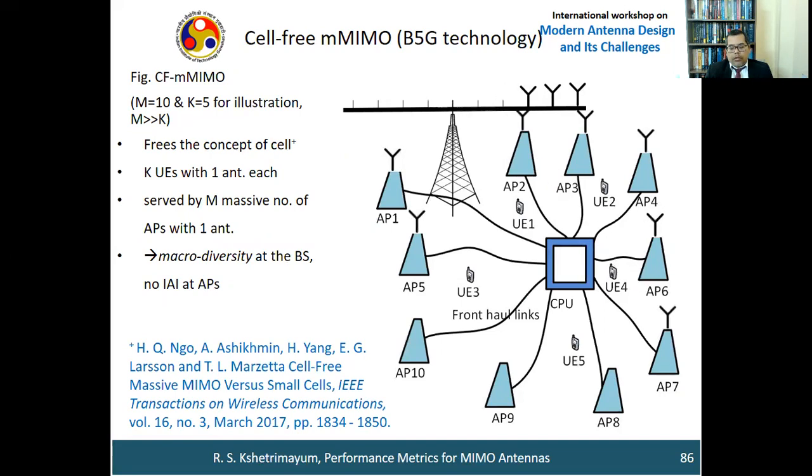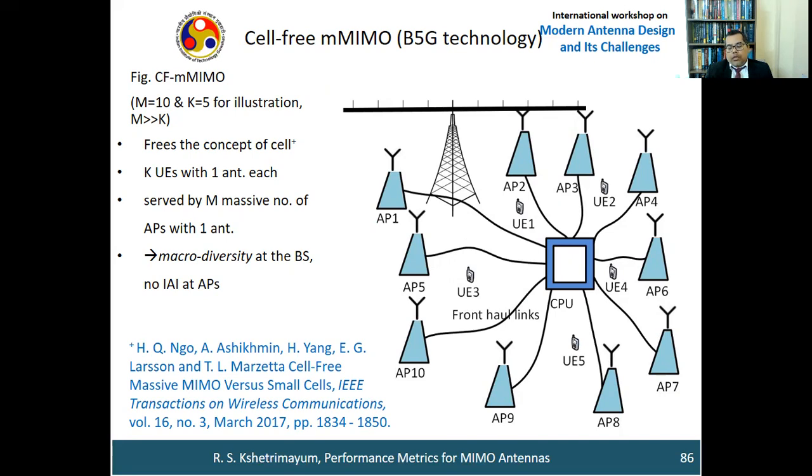Because of that, there will be a lot of improvement in performance. And another thing is that here we don't have any cells. The concept of cell is completely free. We have many access points, so at any particular instant of time, any user equipment will be surrounded by many access points. So this user equipment communicates with the nearby access point, and the nearby access point will give very good service to the user.